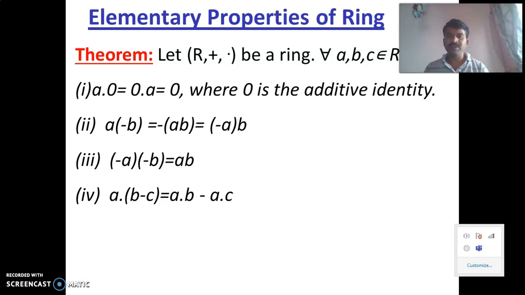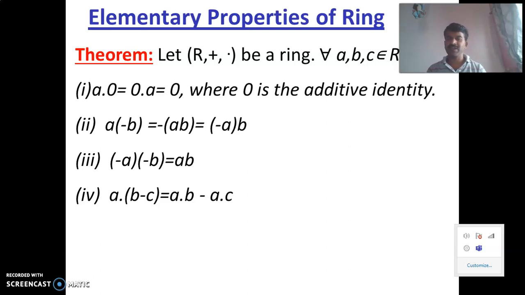Here we have 4 elementary identities. Let R be a ring, and let A, B, C be members of that ring. Now we shall see the first result: A dot 0 equals 0 dot A equals 0, where 0 is the additive identity.